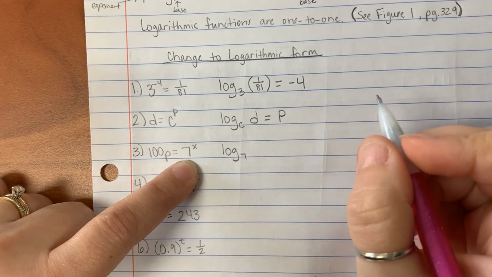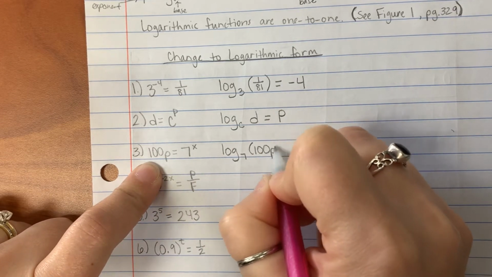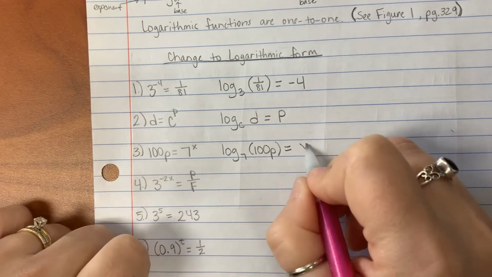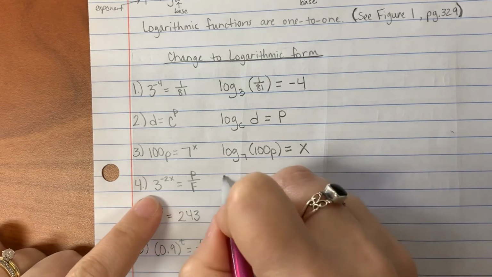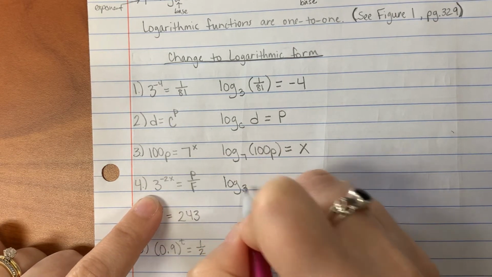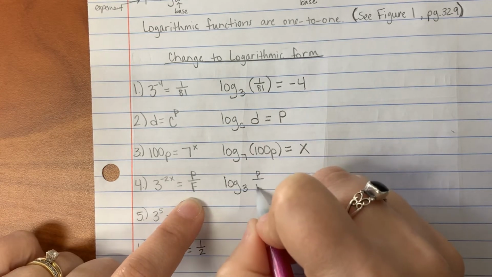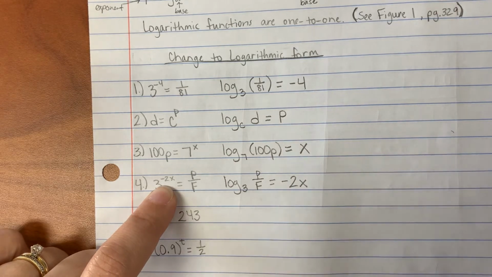And then this is of 100p. I'm going to put that in parentheses so I remember it's the whole thing, equals my exponent of x. This one, I have a log base 3 of p over f equals that negative 2x.